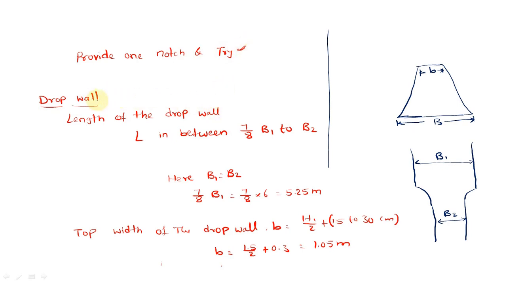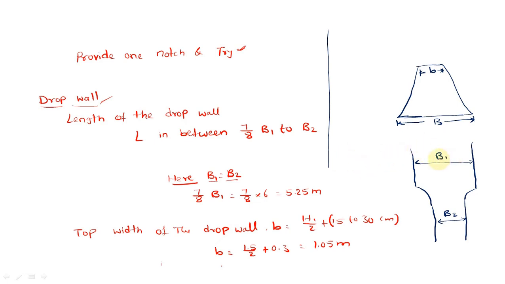Come to the design of the drop wall. The length of the drop wall is in between 7/8 of B1 to B1. But here B1 is equal to B2, so the width of the drop wall is equal to the width of the canal.